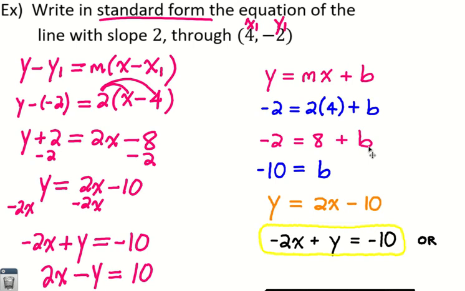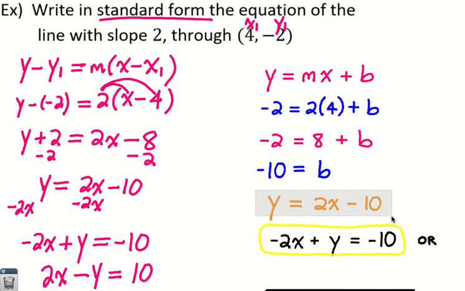Now you can figure out what b has to be by getting b by itself, and you see that b is -10. So once you know m and b, you can write y equals 2x minus 10.